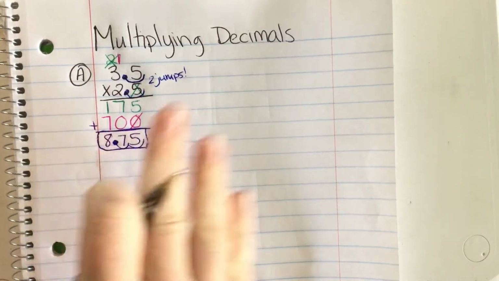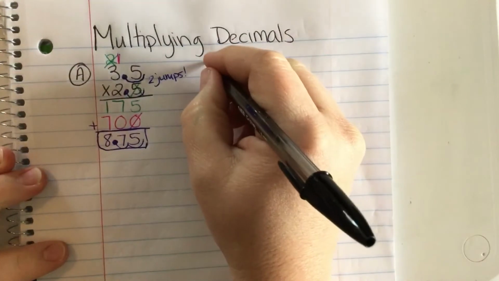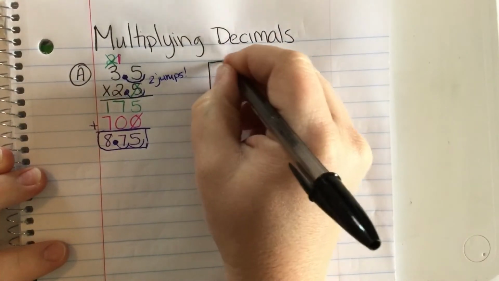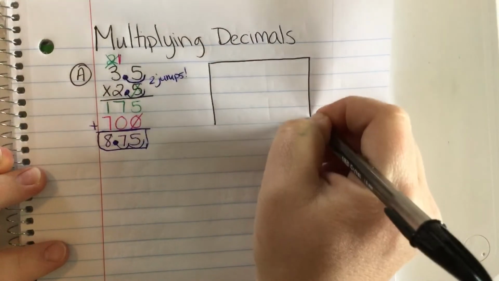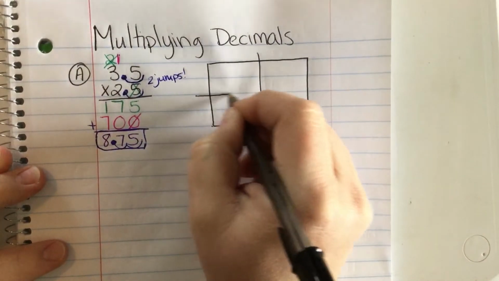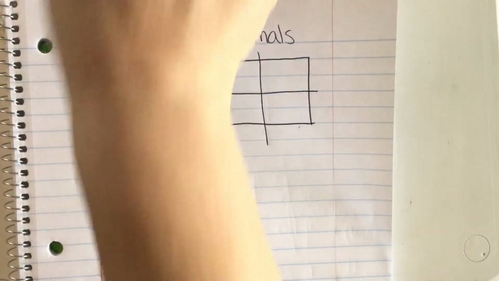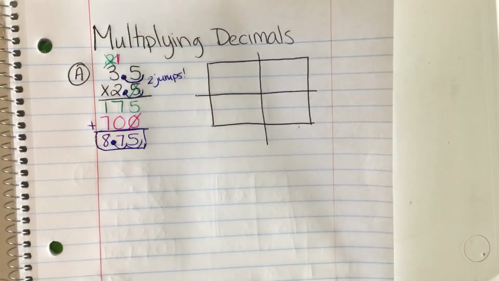Now, traditional, we'll go into our area model. Setting it up exactly the same as we did with whole numbers, because again, we can think of them as whole numbers until the very end. All right, we're going to, like I said, use whole numbers.